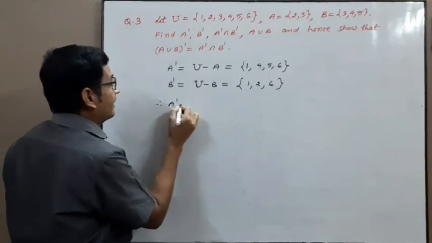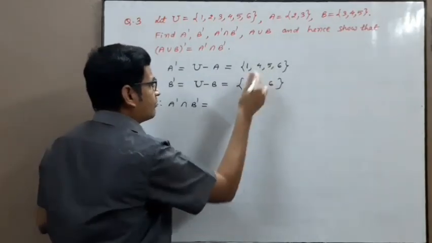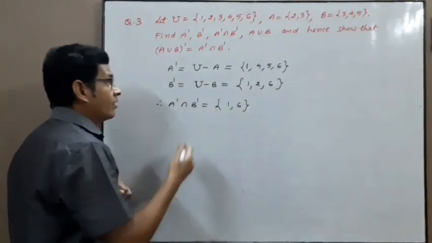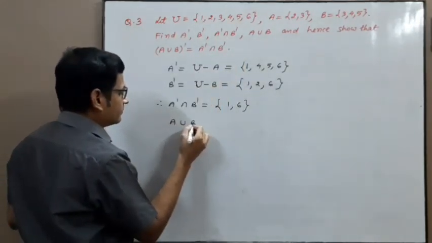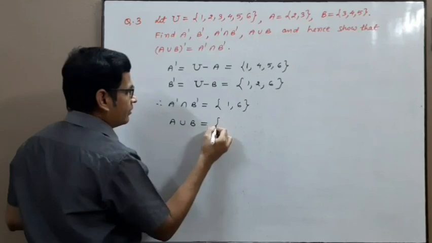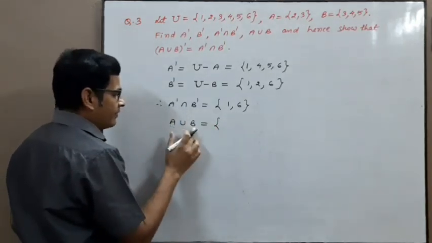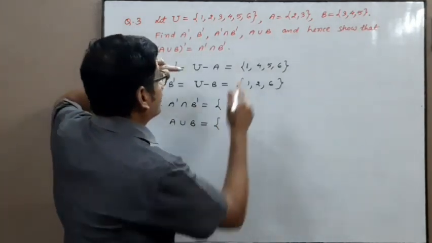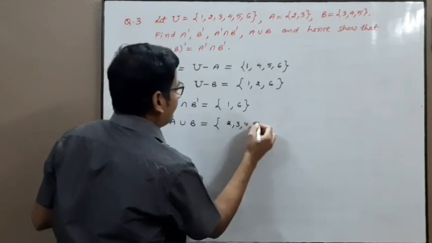Therefore, A complement intersection B complement is equal to, what is common? 1, 6. Now find the value of A union B. A union B is the set of all those elements either in A or B. So 2, 3, 4, 5.